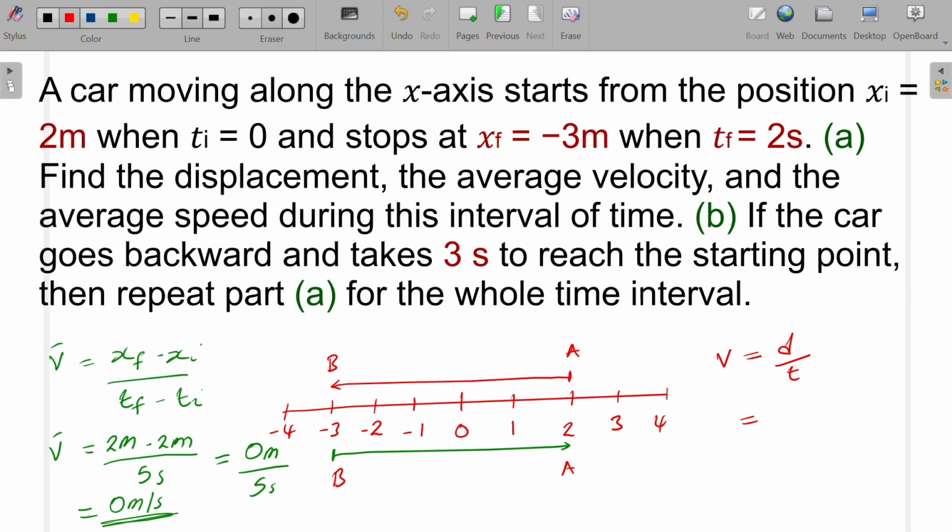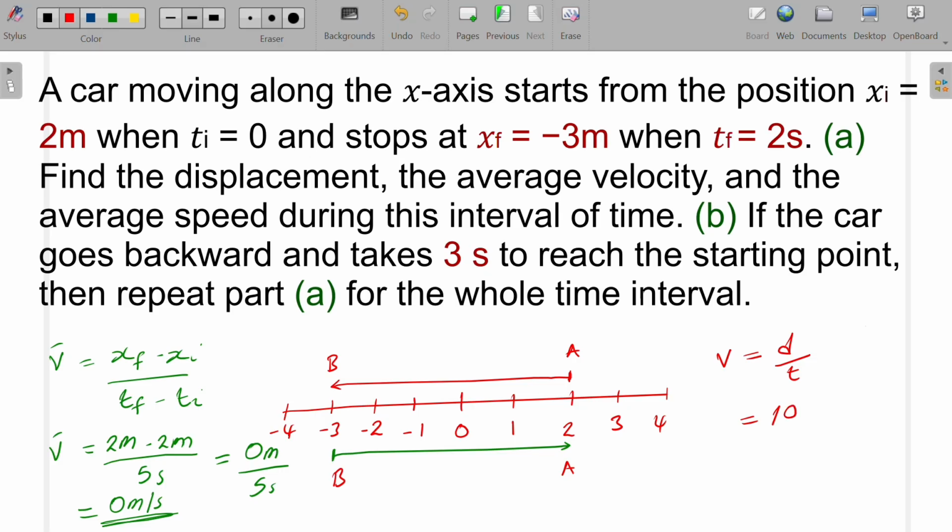Remember, we are now moving from point A to B and point B back to A. The distance that we have here is the same. From point A to point B, we covered a distance of 5 meters, and then back to point A, we covered another distance of 5 meters. So the total distance now is 10 meters.